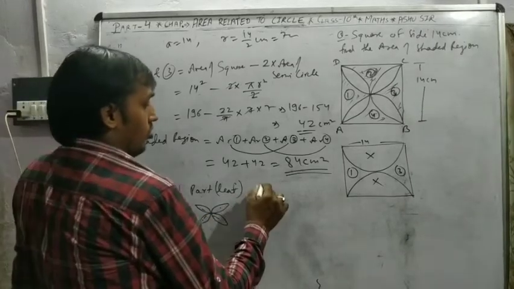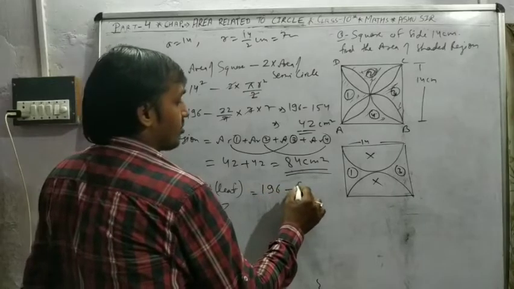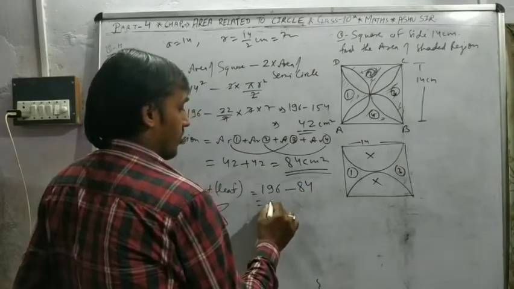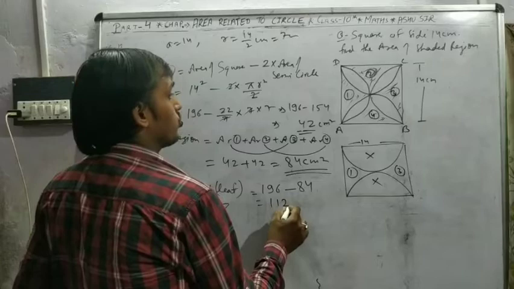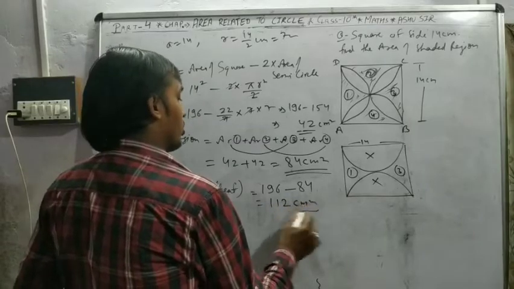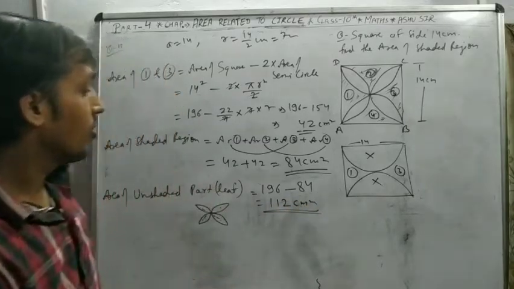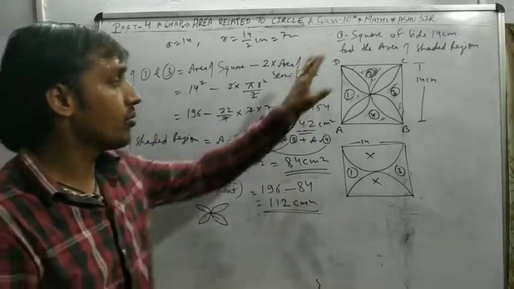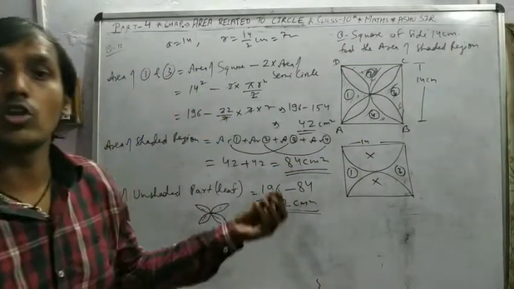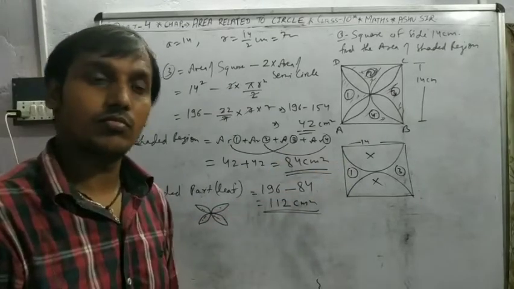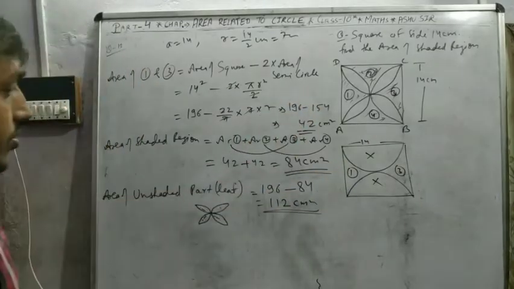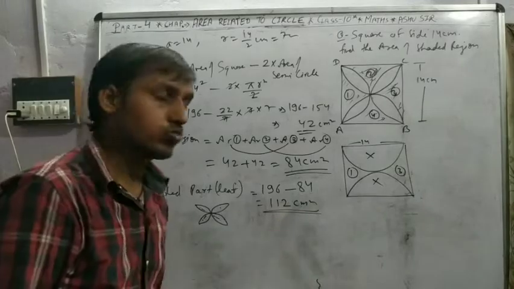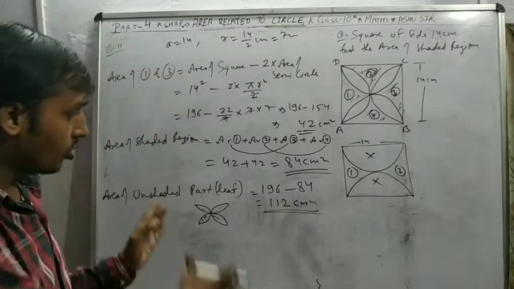So 196 minus 84, 112 centimeter square. From the whole area, subtract the shaded part. Whole area means area of square. You also get the leaf area. That is the area of the leaf, that is 112. Okay. Pause the video and note down.